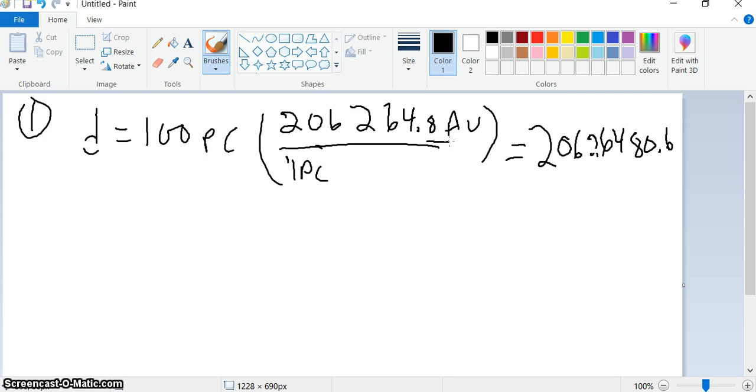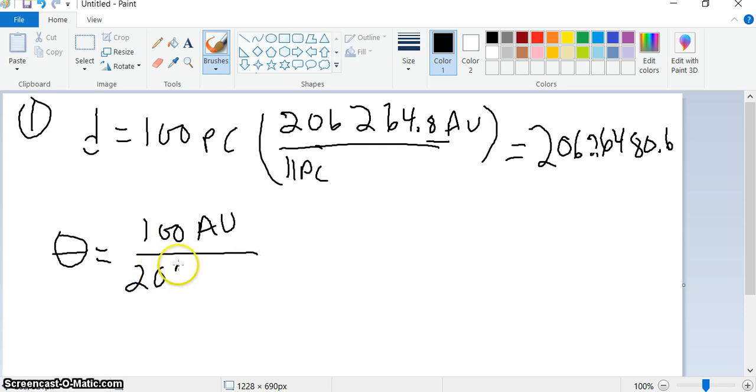And so now we can actually work out what theta is. Remember, theta is going to be in radian. That's important to remember. So it's going to be 100 astronomical units, and now the astronomical units will cancel, divided by 20,626,480.6 AU.